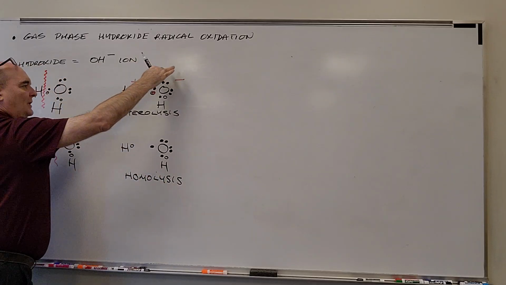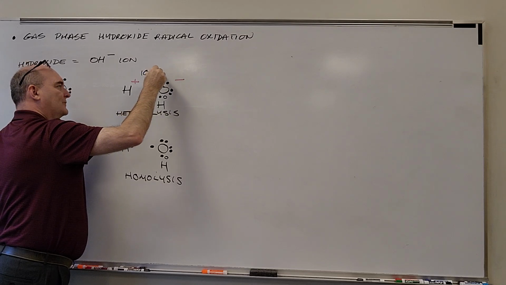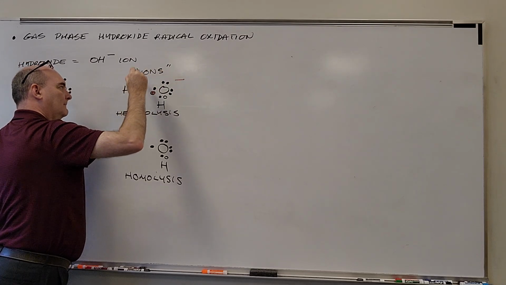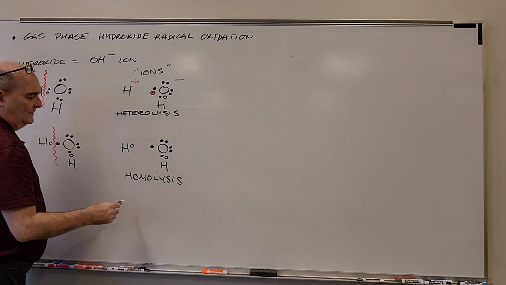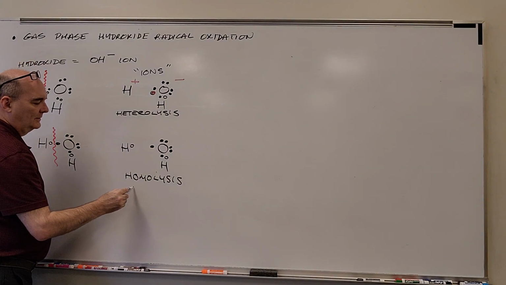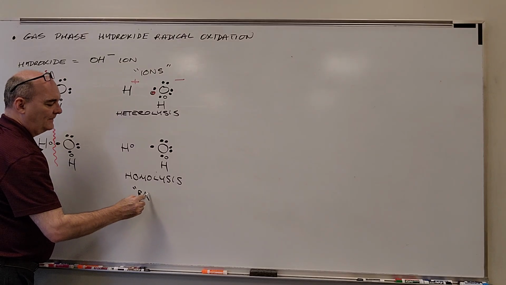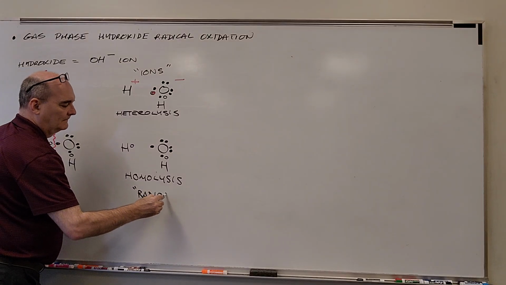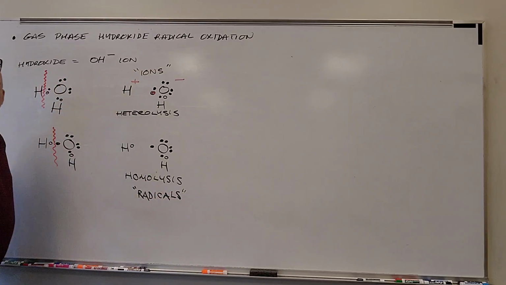This has a charge and that has a charge. These are ions. Ions are charged atoms. These two at the bottom, from the homolysis, the even breaking of the bond, these guys are different. They are radicals.